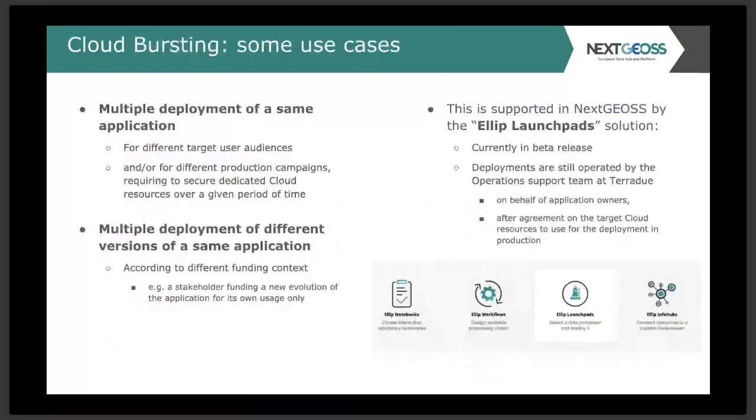So back to our use cases, we have in the past year performed several improvements to the cloud bursting service, soon to be released in a new version. The code name on ELIP is ELIP launchpads, and it is a way for users to get a simple dashboard where they will perform what previously Terradue did on their behalf, which was to select an application package and to select a target production cloud.